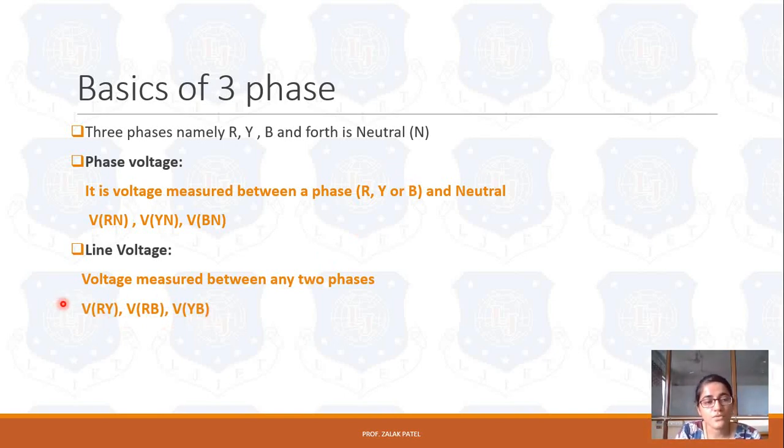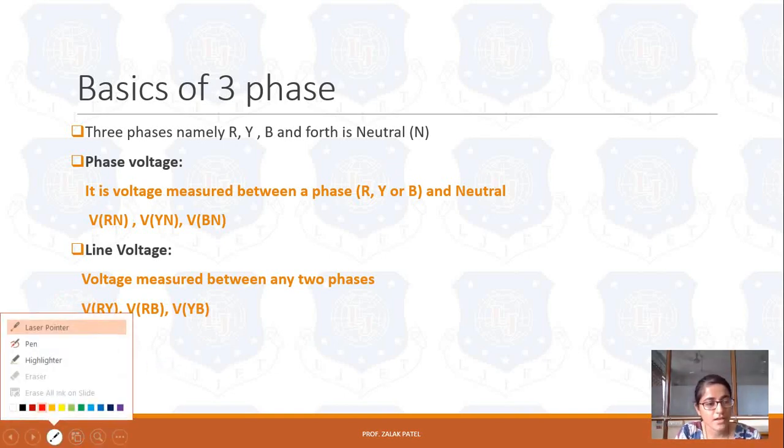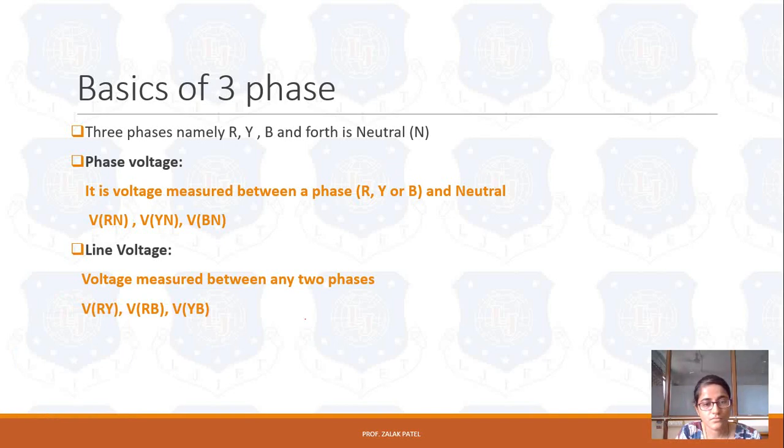You can also write VRY as V with subscript R and Y. Similarly, you can write VRB and VYB, or you can simply write it in brackets.